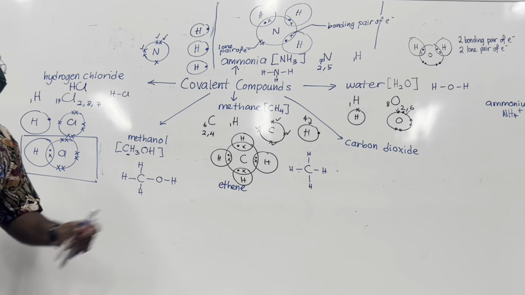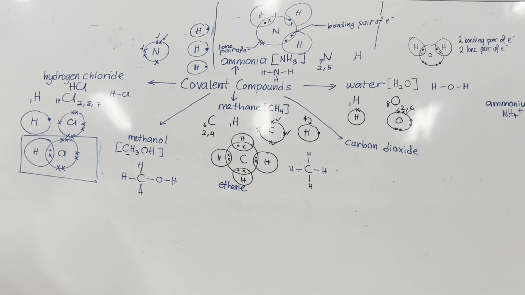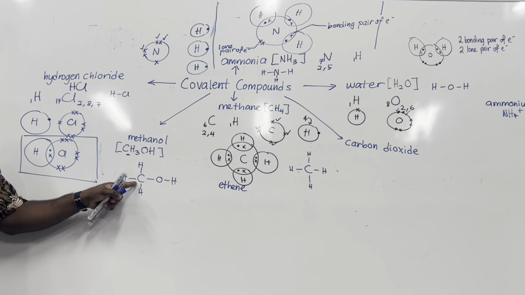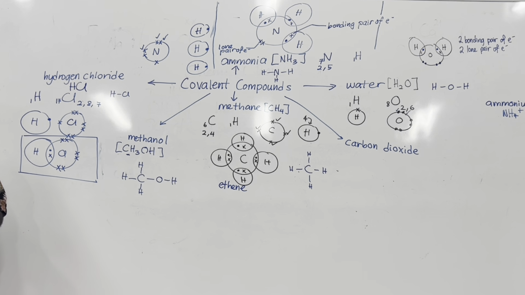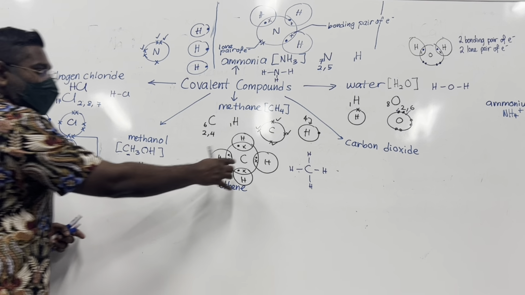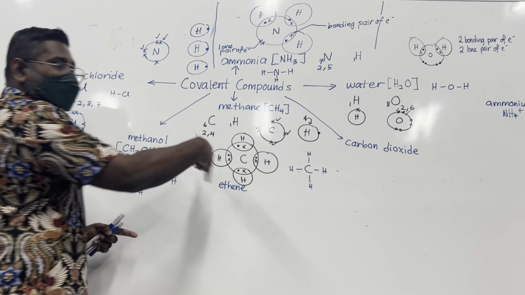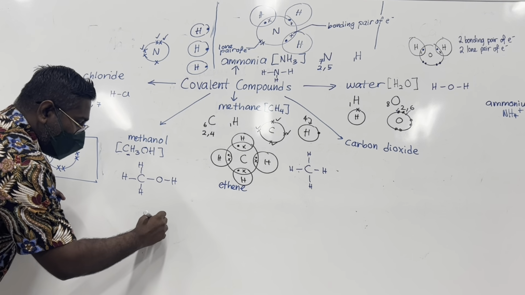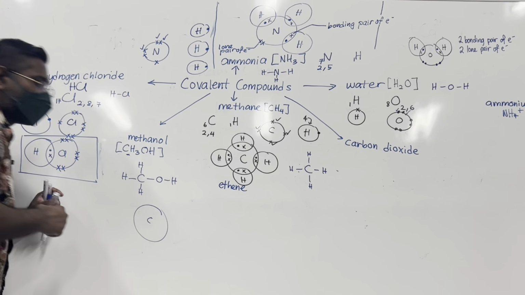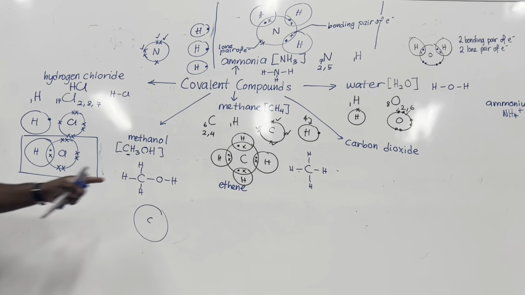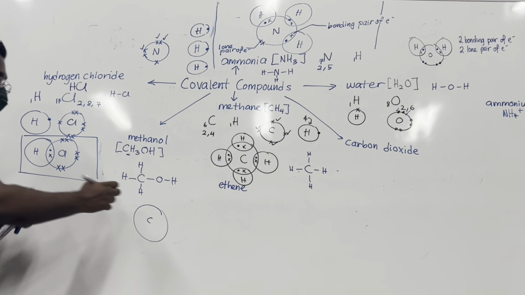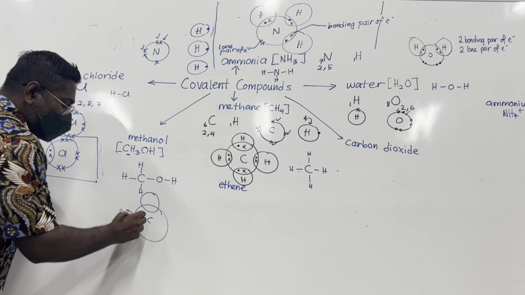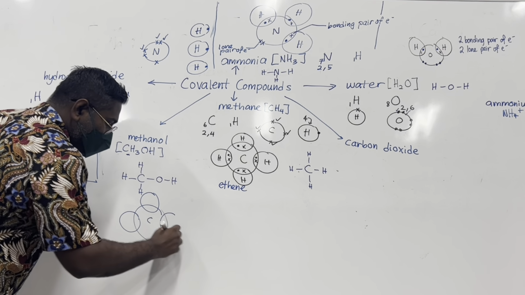Now, how to proceed from here? Carbon has 4 electrons and 4 hands. You see here, 4 hands, it means 4 things will be surrounding. So what I will do, I put carbon, I put a circle. 4 hands. I put 4 things surrounding carbon first.